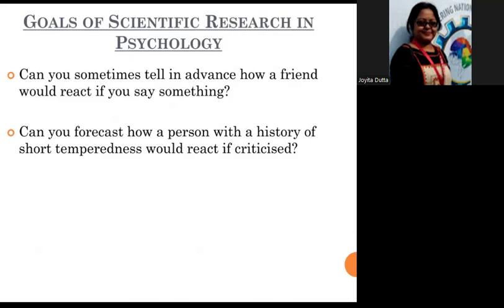Can you forecast how a person with a history of short-temperedness would react if criticized? A person who is short-tempered, who gets angry very easily, and you end up criticizing that person, how would that person react? We know the person would be angry. Maybe if the class is cancelled, a person might feel happy.